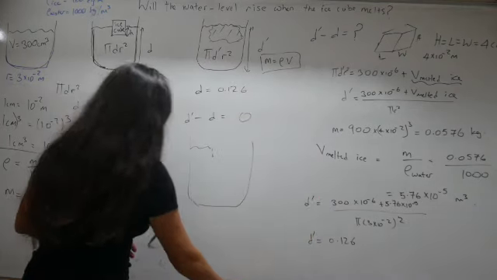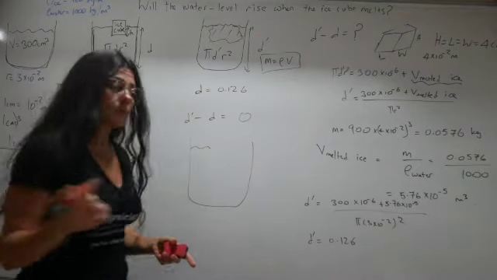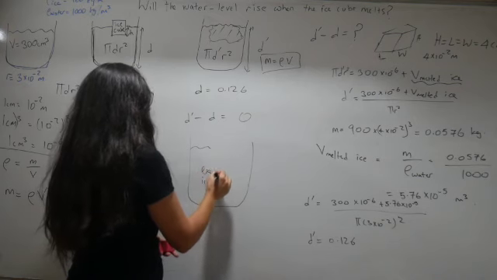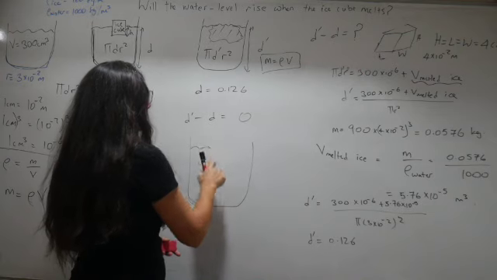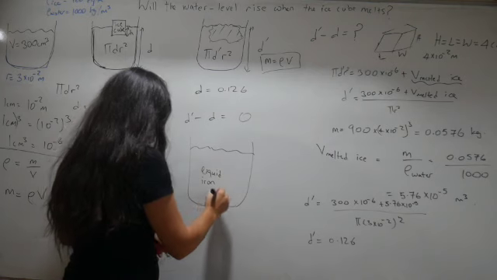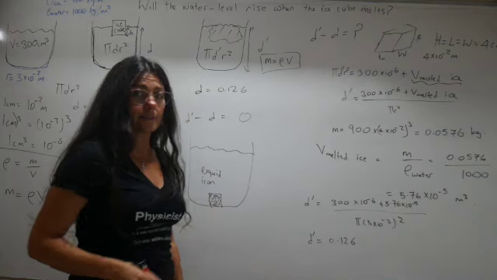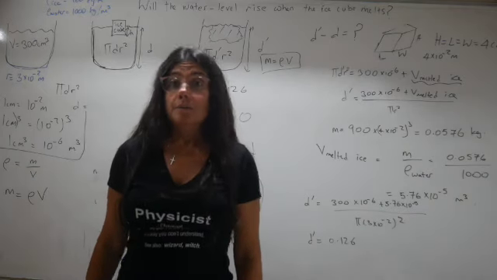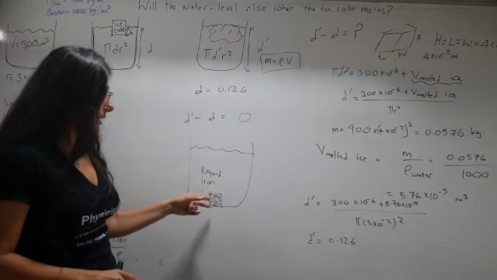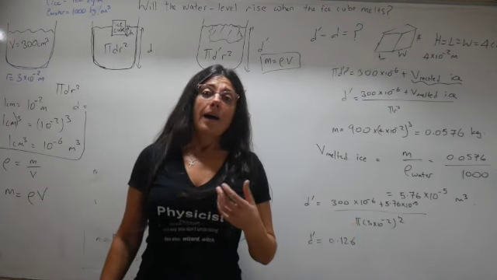Suppose, for instance, instead of water, I had liquid iron, and I put a box of solid iron inside the liquid iron. What will happen? It will sink. It will go down and sit at the bottom. The reason is that the density of solid iron is greater than the density of liquid iron.